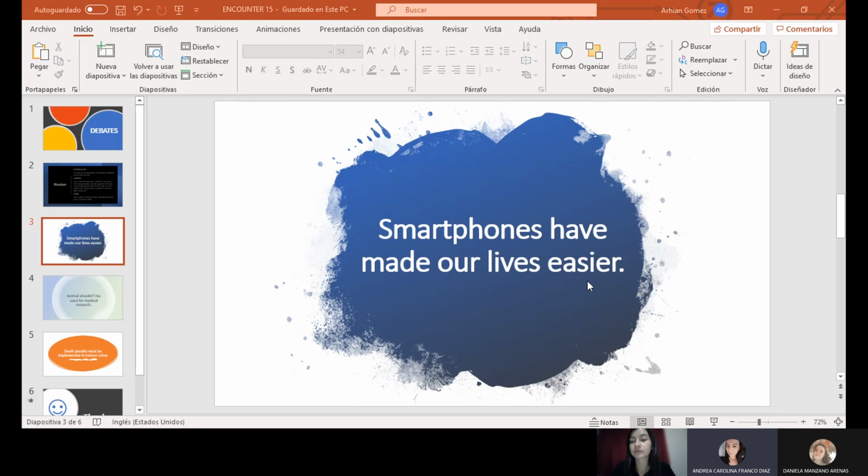Smartphones could change life because we can access a lot of information through them, to study, to watch videos, and many other things.